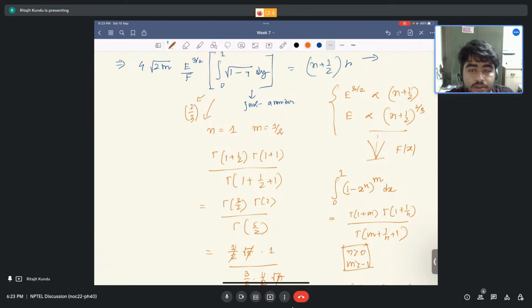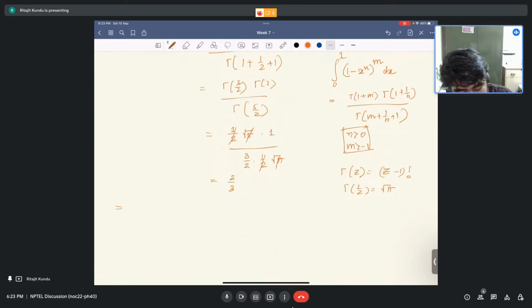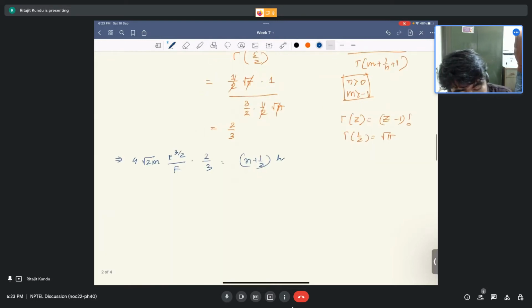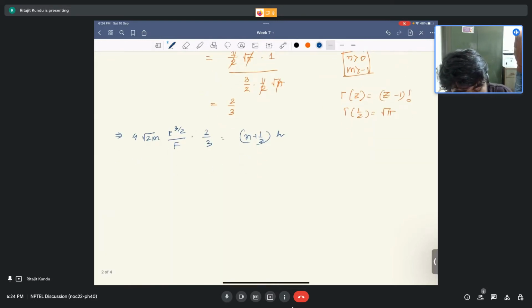Okay, so this is just a number, and we'll calculate how explicitly the energy depends on this n. So 4 square root 2m E to the power 3 by 2 over F, times 2 by 3, is n plus half times h.